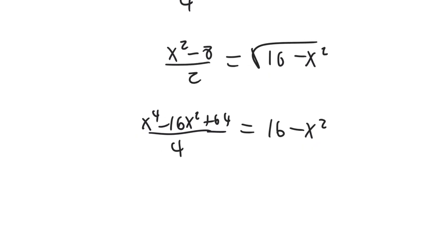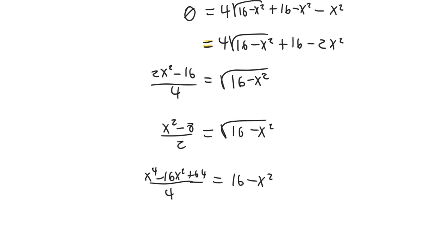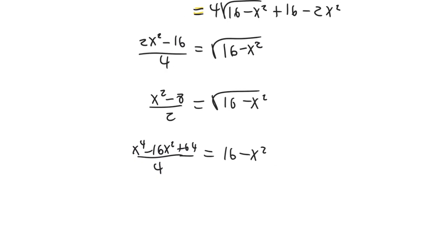So, let's see. I want to multiply everything by 4 right now because I don't want to deal with that denominator. So hopefully my student watching recognizes it would result in this.